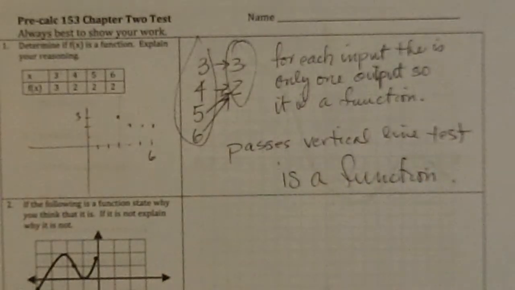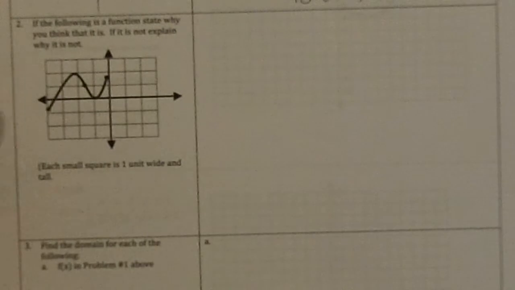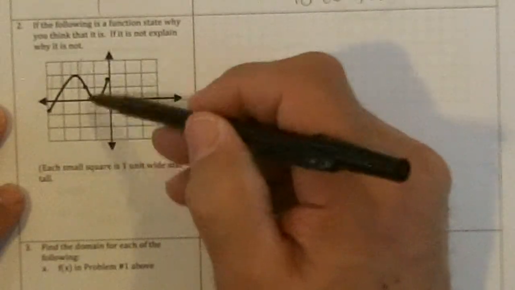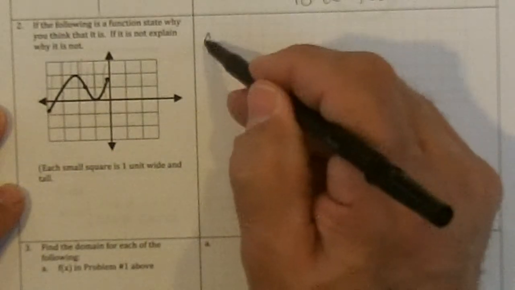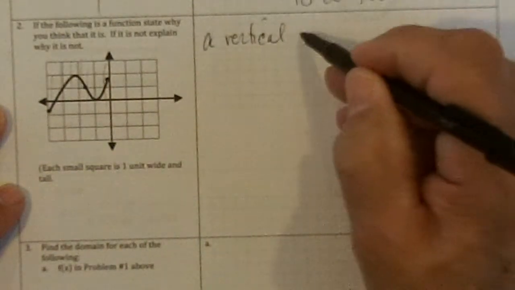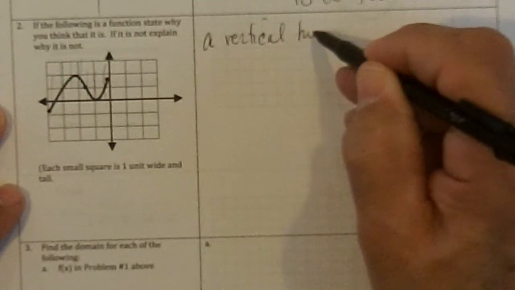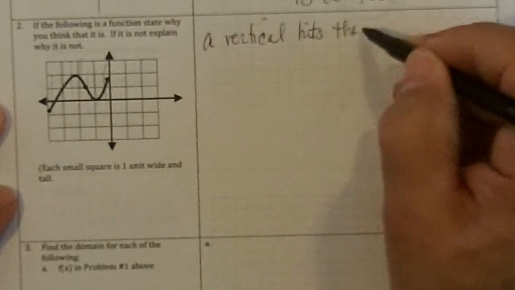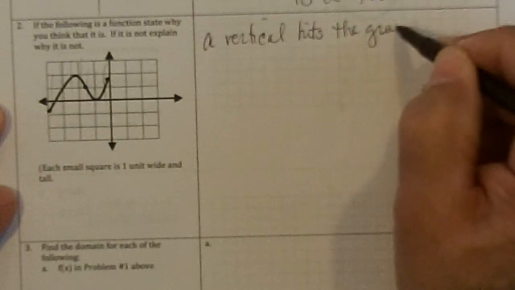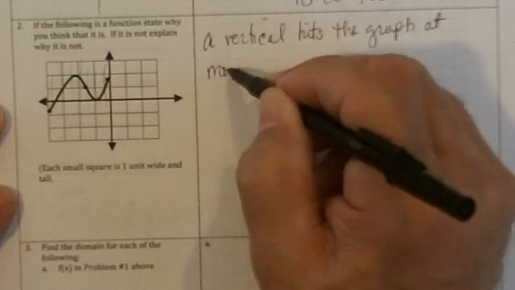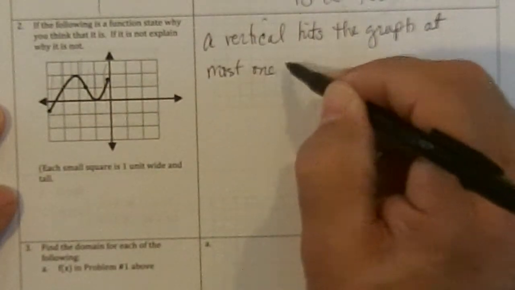A couple ways to do that. This one passes the vertical line test again, or a vertical line hits or crosses or intersects the graph at most 1 point.